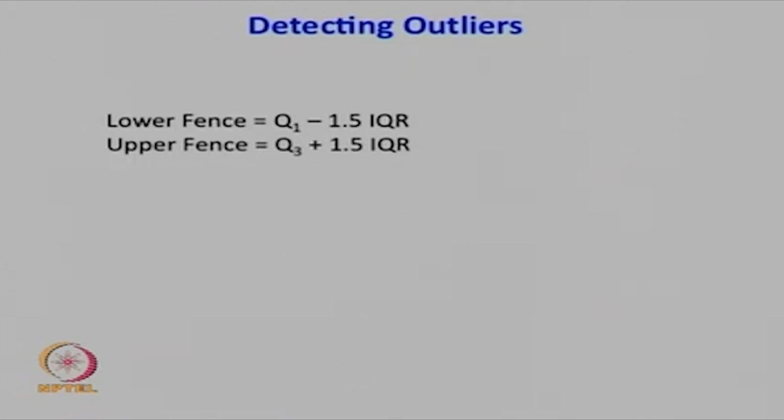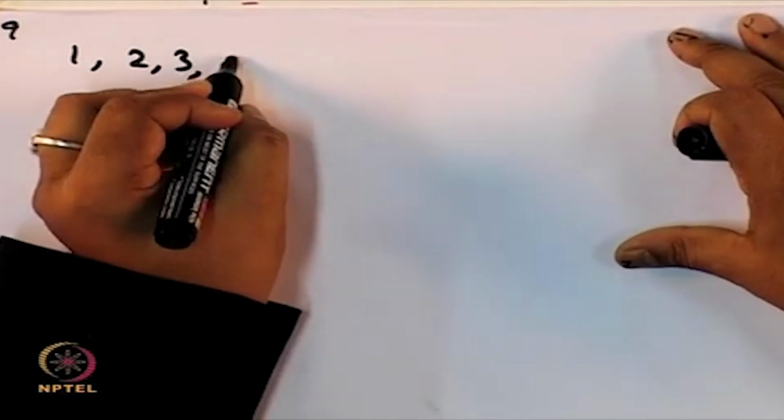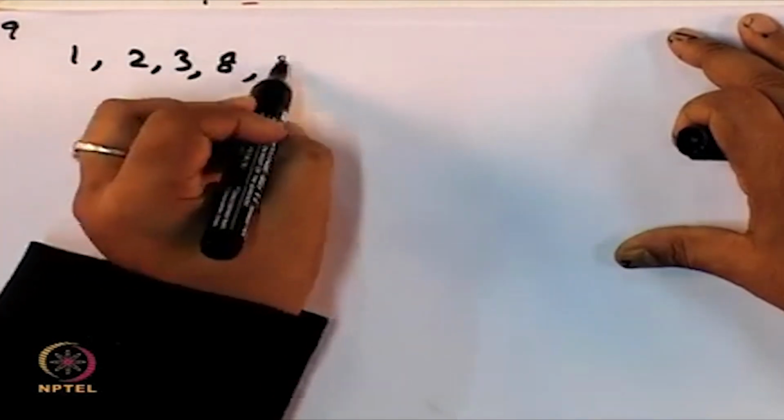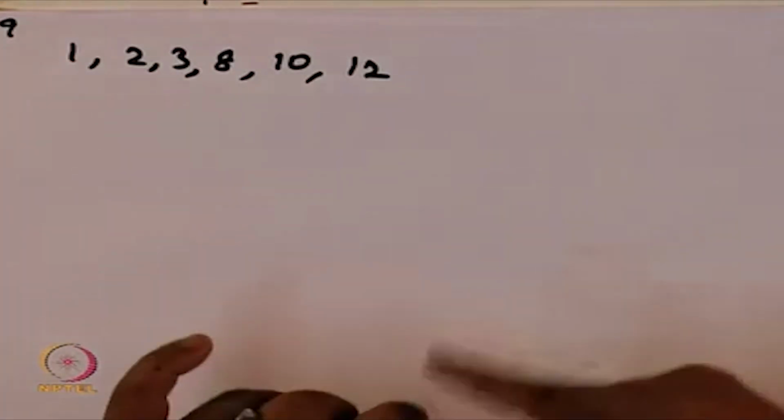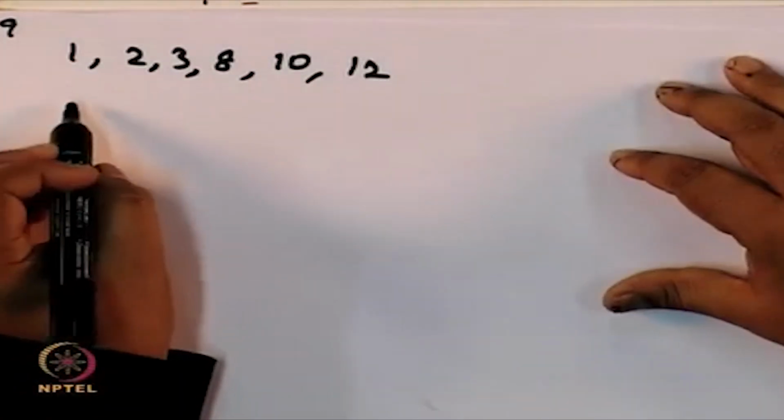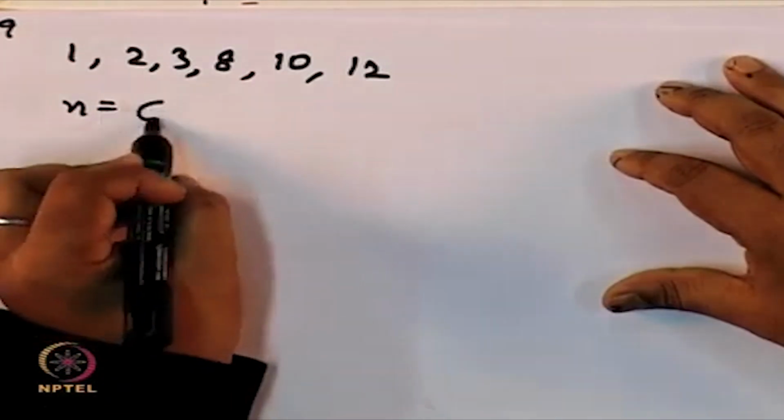So, let us take a sample data set: 1, 2, 3, 8, 10, 12. This is your data set, right. So, your n is equal to 6.